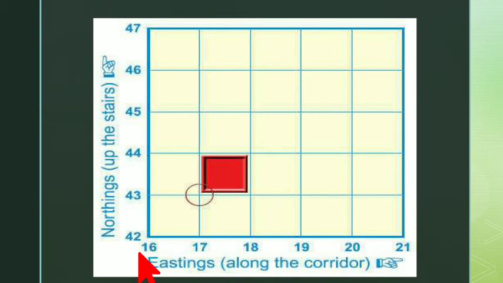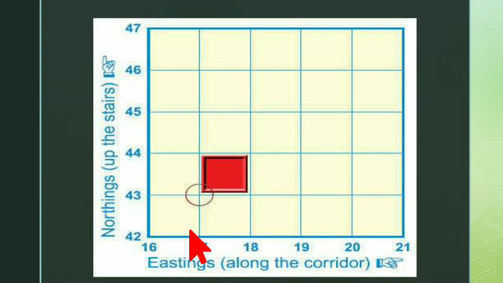First and foremost, when we do the 4-grid reference, always remember, we start with the eastings. We start with the line before the point. Let's say our point is here; we start with the line which is before it. This line is around 17.